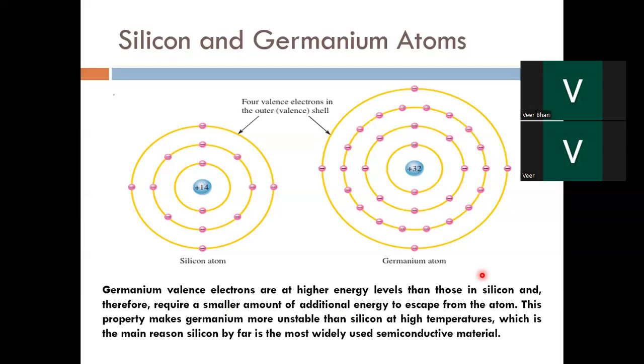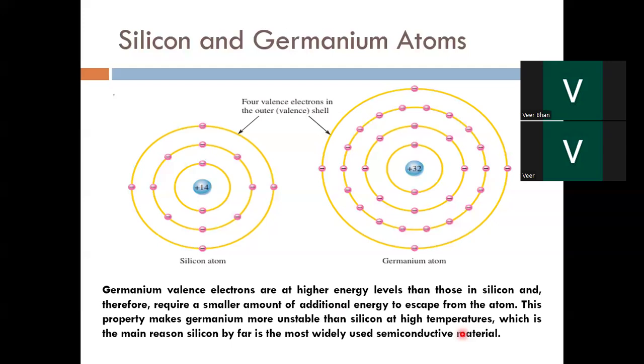The heating phenomenon is very common. So that's why silicon is more suitable, more stable in terms of temperature. Silicon has higher thermal stability, and that's the reason it's the most widely used semiconductor material.